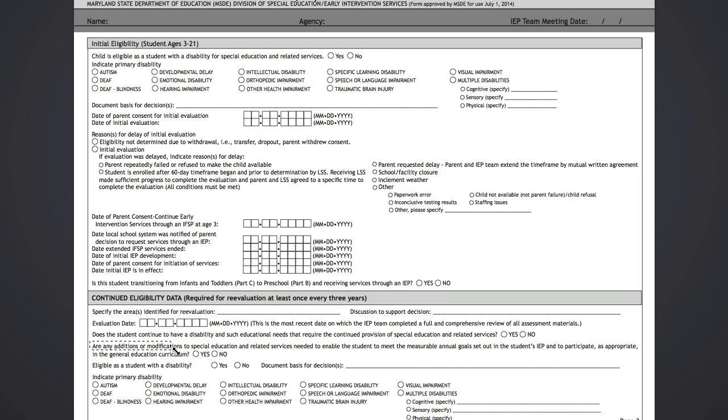And are there additions or modifications that are needed on the IEP to support the student in meeting their annual goals? And so you'll answer each of those questions, determine whether or not they're eligible, and then again, indicate the primary disability of the student.